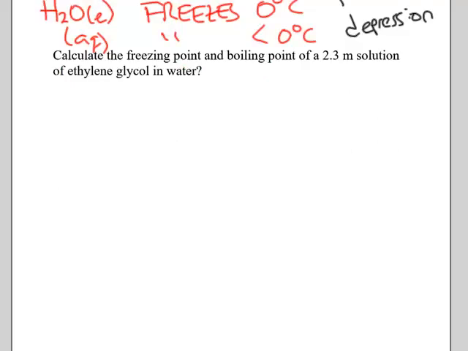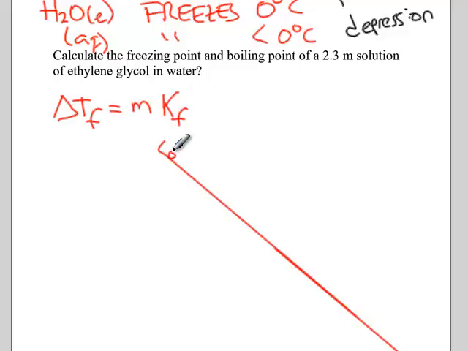So the equations that we're going to use: the change in freezing point, delta Tf, is equal to the molality times a constant, and that constant is the constant for the solvent. So it's not based on the solute we put in, it's always based on what solvent we're making the solution from.